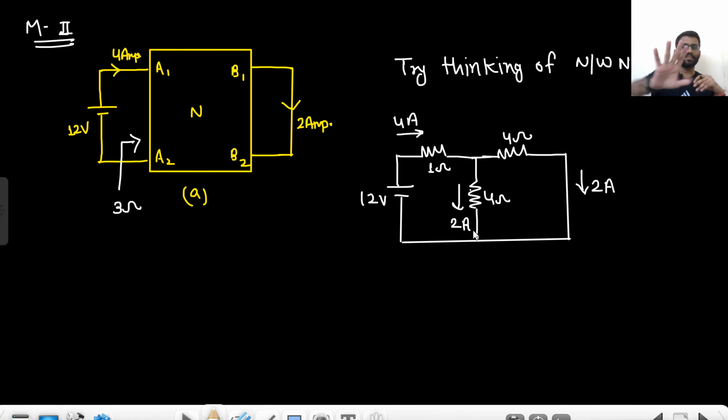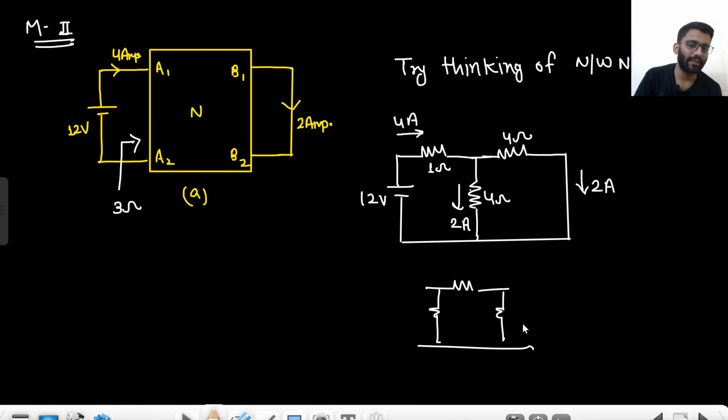Whenever these kinds of questions are asked, always think about a T network, because in a T network you can get a two port. You can think of a pi network as well. Delta we also call pi, and star we also call T. You can apply a voltage source here, you can get a current, or you can short circuit it as well.